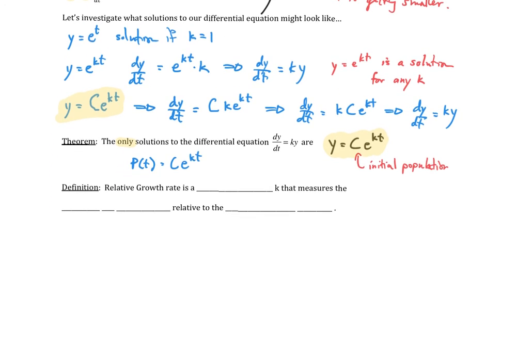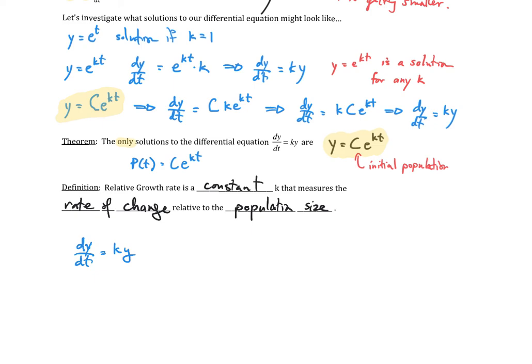Okay, let's talk about relative growth rate. Relative growth rate is a constant k that measures the rate of change relative to the population size. So we can find the relative growth rate by using some simple algebra. We know that our differential equation looks like dy dt is equal to k times y.